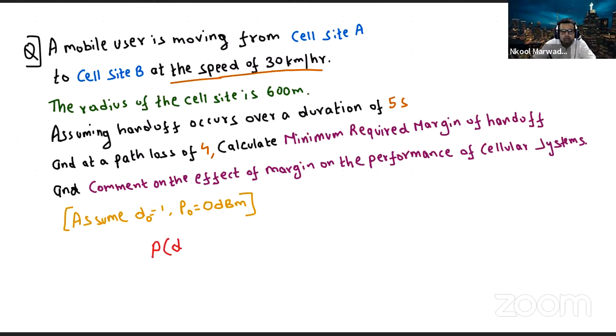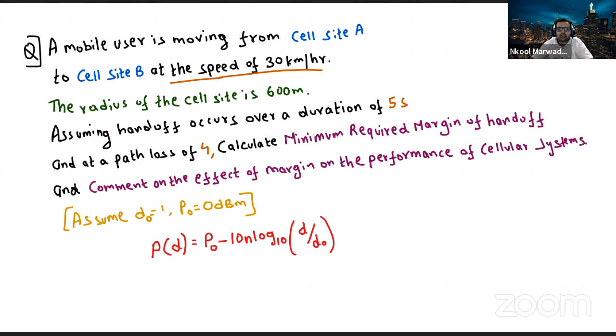P(d) is equal to P naught minus 10 n log base 10 of d by d naught.